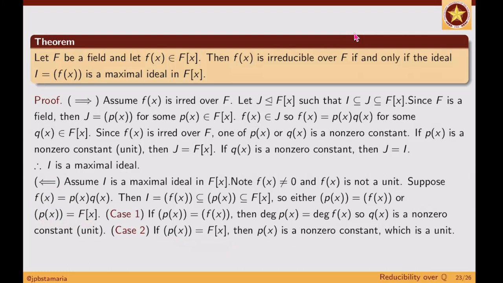The only thing that can do that are the non-zero constant, which is a unit. Kaya nga dalawang possibility. Kung ito ay equal, dapat either Q of X is a unit or P of X is a unit. So therefore, F of X must be irreducible. Kasi kapag fa-factor mo siya, the only possibility is unit yung isa.